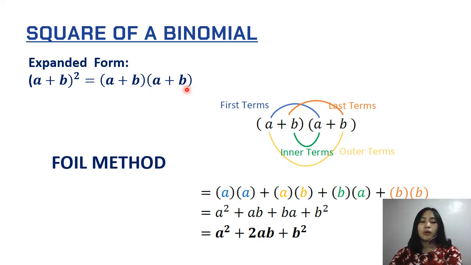So now we're going to operate the given. We have a multiplied by a, so we have a squared, plus a multiplied by b, which is ab, plus b multiplied by a, which is ba, or it can be ab also, plus b multiplied by b, which equals b squared. Why did it become squared? As you can still remember, a multiplied by a, each a has an exponent of 1, but we do not write it.